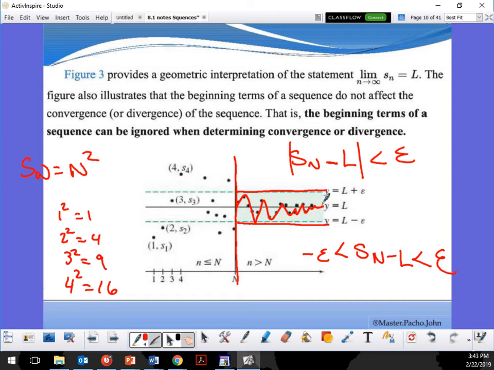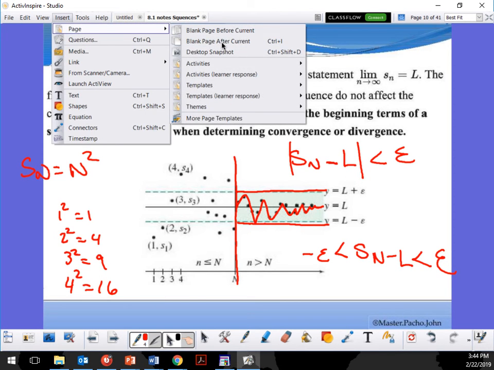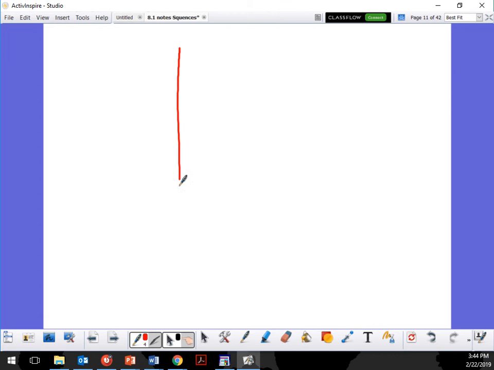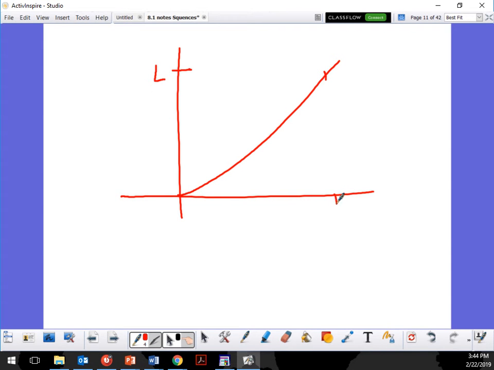Okay? Where does epsilon come from? As we're doing this, we're going to find an epsilon and we have a delta for this. I'm going to give you a new page right here, with a graph. This is my function. Let's say here I have L, and I have my x here.